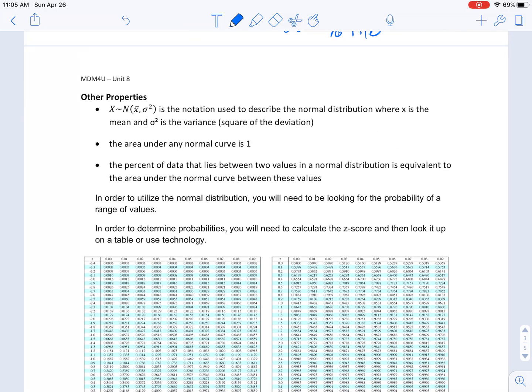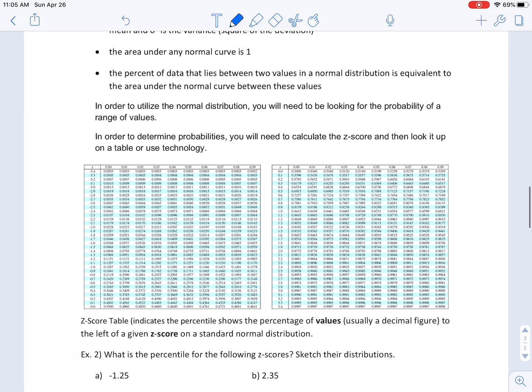So here are some other properties, and I mentioned most of them here, but you can go through it if you want. In order to use the normal distribution, we are going to use what's called the Z-score table.